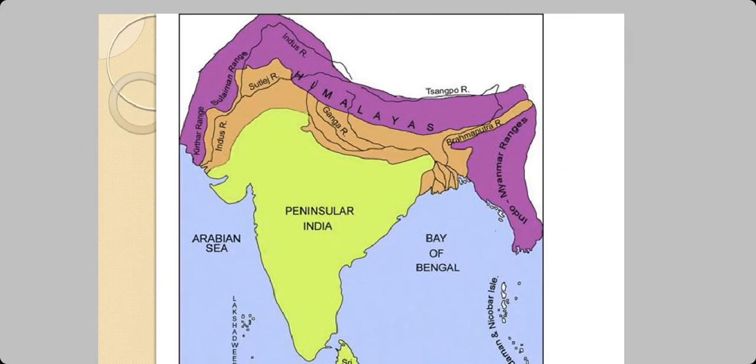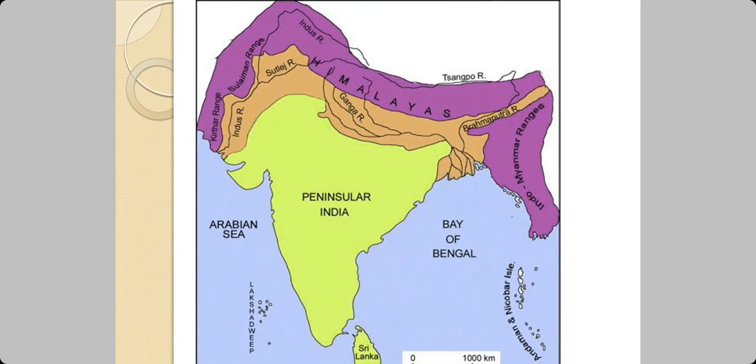Now this is the peninsula block. This block may be taken as an irregular line running from Kutch along the western flank of the Aravallis near Delhi, and then roughly parallel to the Yamuna and the Ganga, as far as Rajmahal Hills and the Ganga Delta.